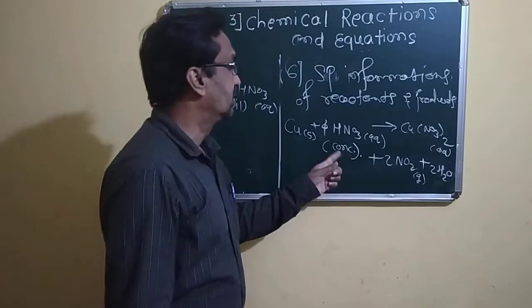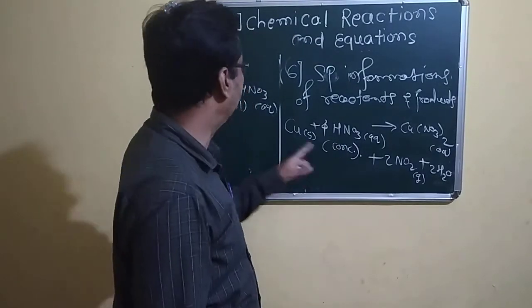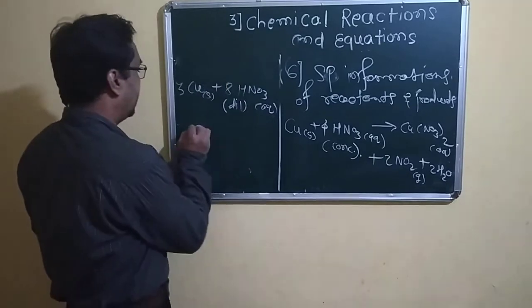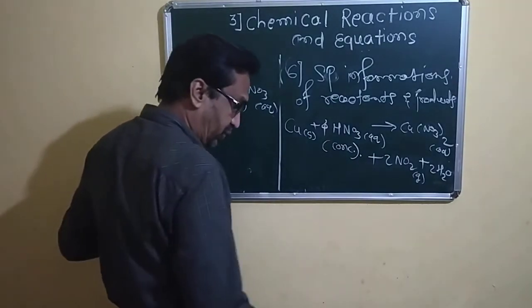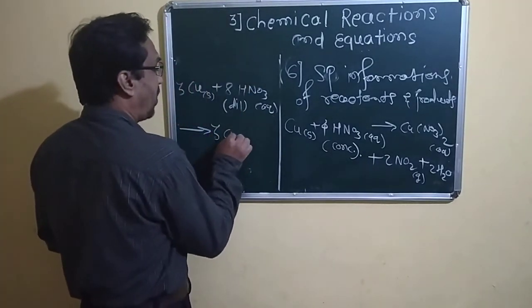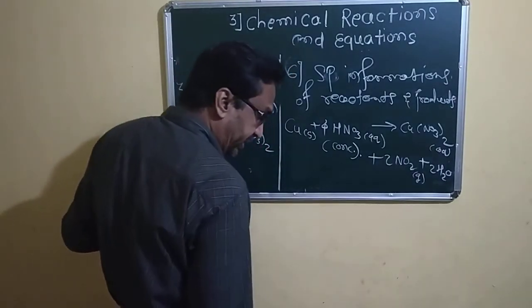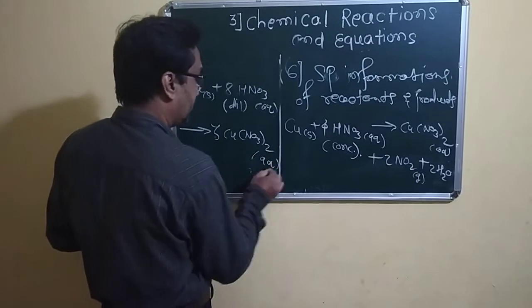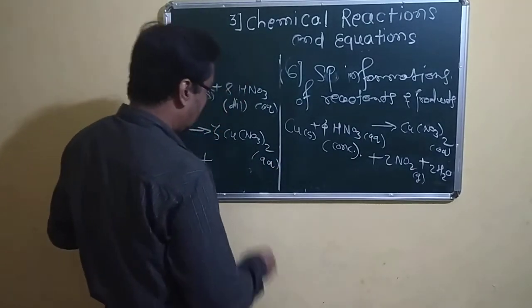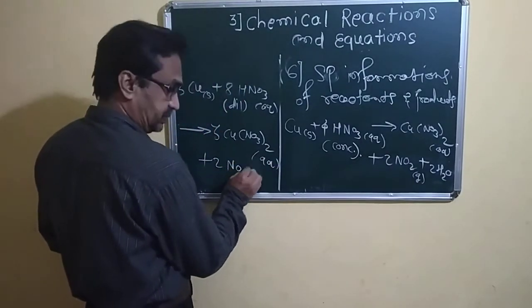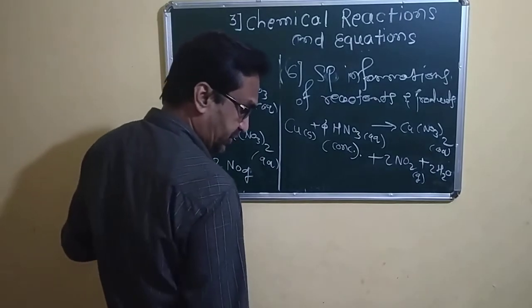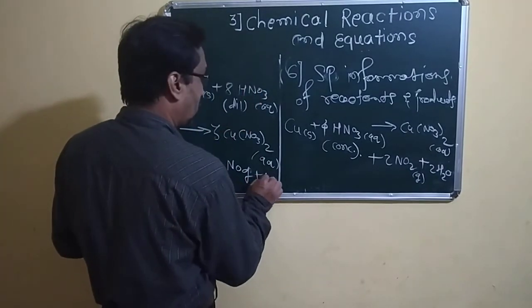Concentrated means more furious, and here it is dilute. The product we obtain is copper nitrate, in aqueous solution, plus nitrogen oxide gas, plus 4H2O.